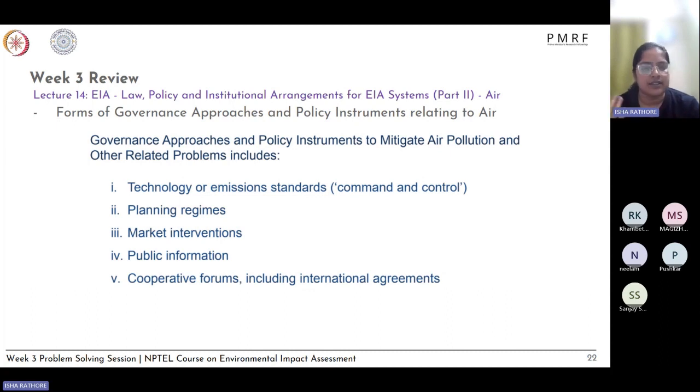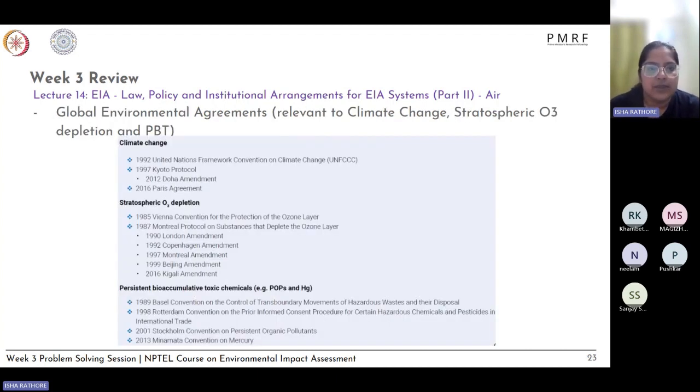So again, the intention and what works best are used to determine which policy instruments will be used for particular problems. For example, we have global environmental agreements. These are relevant in terms of climate change, stratospheric ozone depletion, and persistent bioaccumulative toxic chemicals.